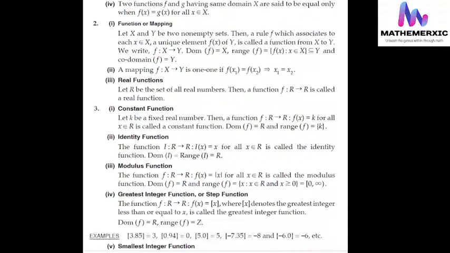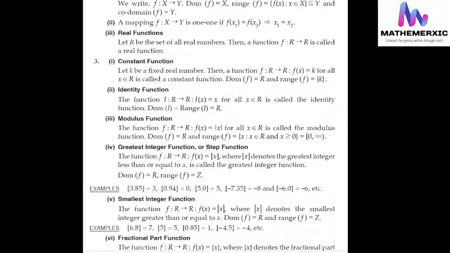Constant function: let k be a fixed real number, then a function f: R → R so that f(x) = k for all x belonging to R is called a constant function.